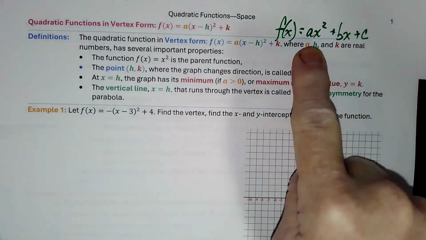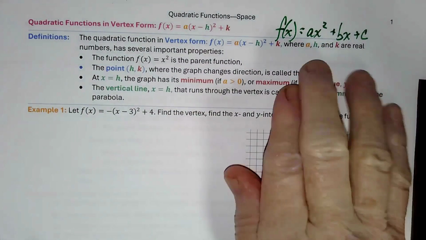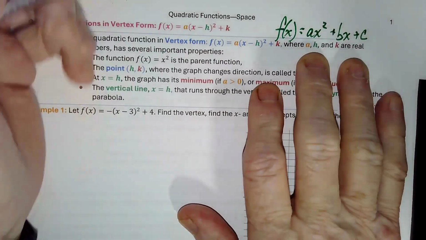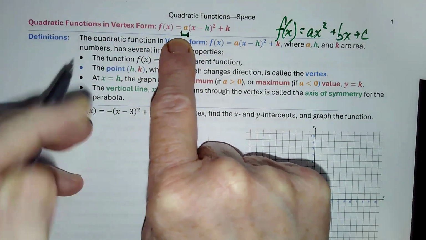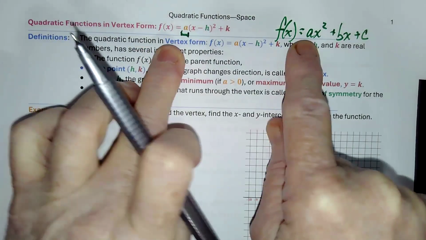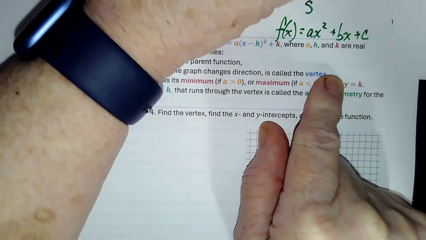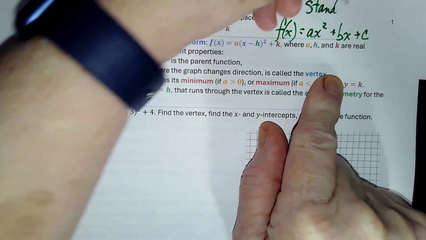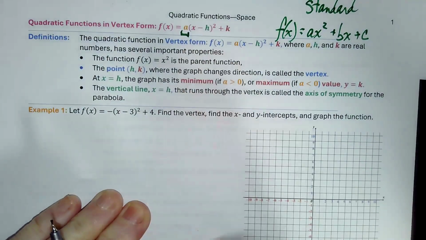You might be familiar with the ABC because that's part of the quadratic formula. But here, this A in the vertex form is the same as the A in the standard form. But the other letters are different.